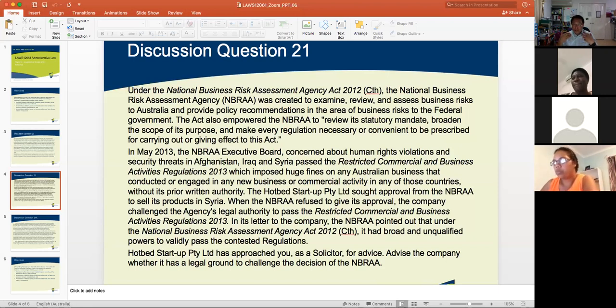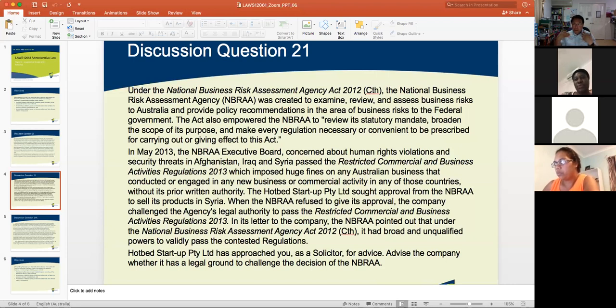Even if the powers vested by the law appear to be very general and broad, the interpretation of that law still has to be done in a way that you examine the scope and purpose of the enactment, which is the source of the power of the original decision maker. So even if the mandate is broad, even if the law is broad, it doesn't mean that the discretion therefore is absolute.